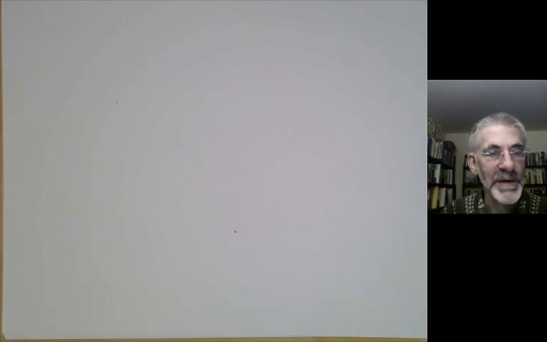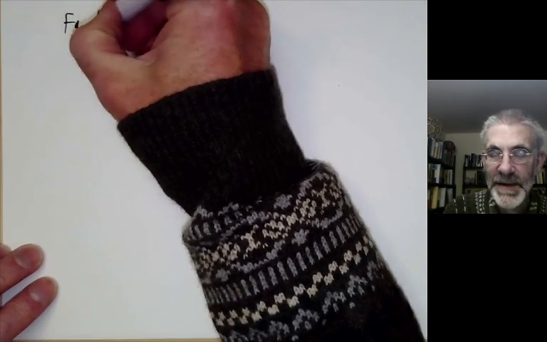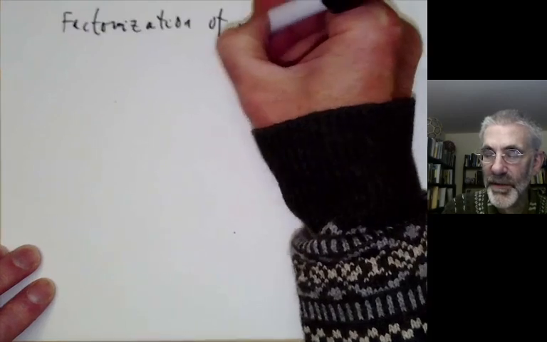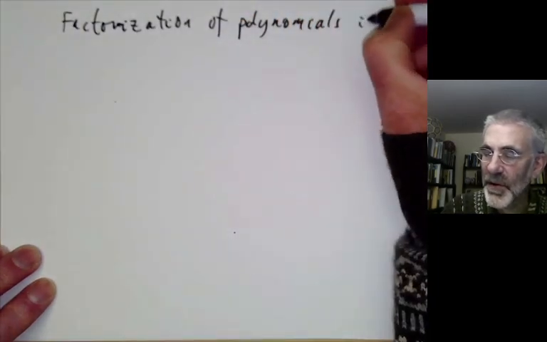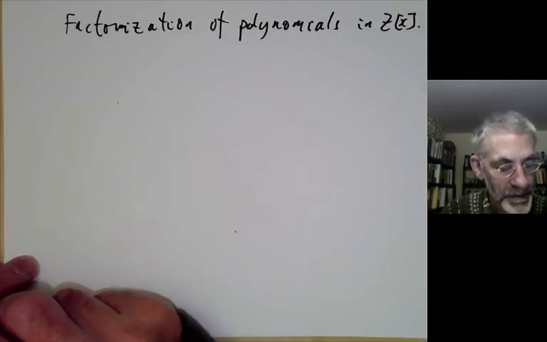This lecture is part of a series of lectures on rings and modules and will be about factorization of polynomials. More precisely, it would be factorization of polynomials with integer coefficients.